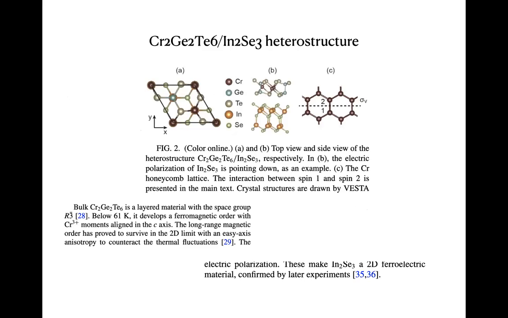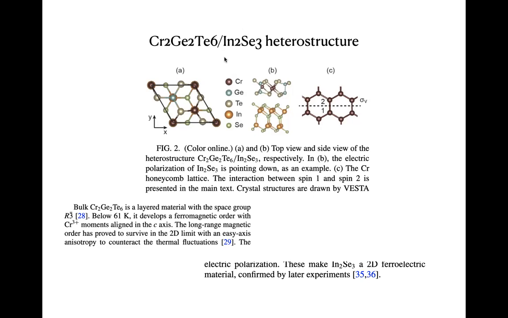To implement this idea, we consider the heterostructure of chromium germanium tellurium and indium 2 selenium 3. This interface was actually studied earlier by Xiang Zhang's group from Berkeley.